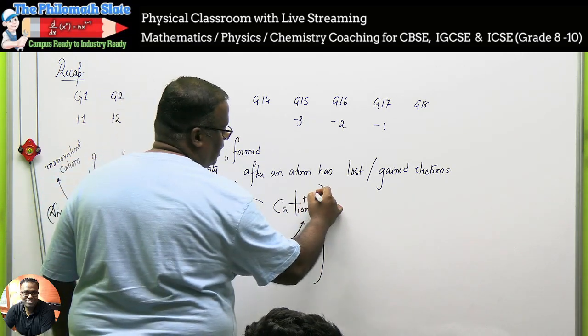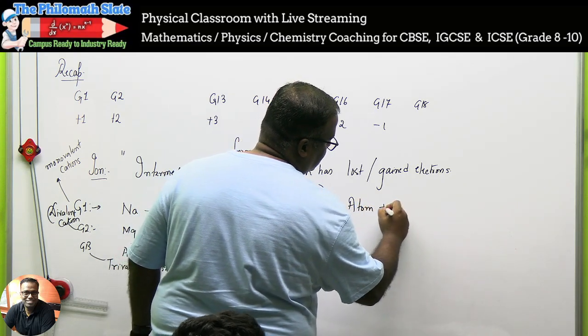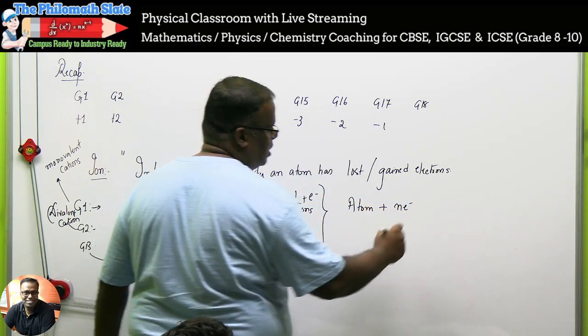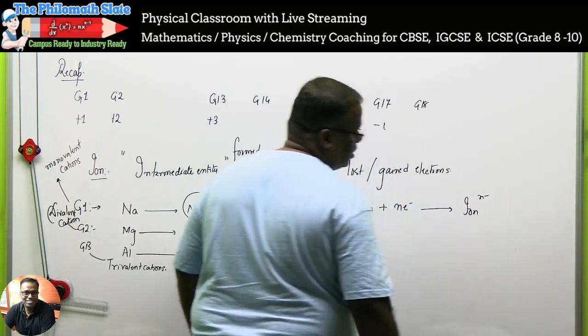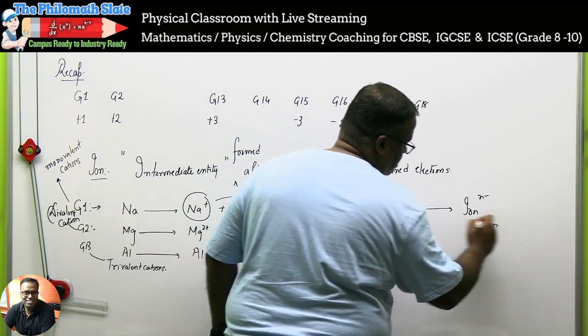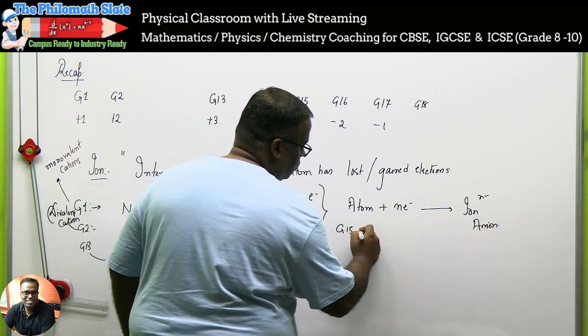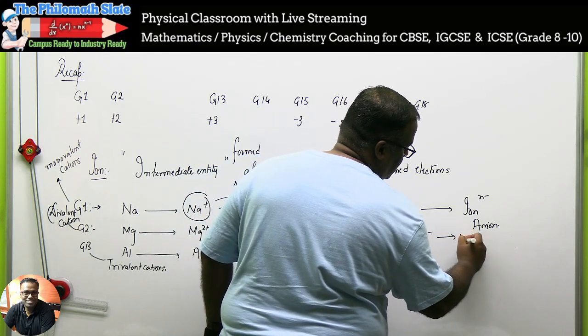In the case of an anion, we will have an atom that gains, say, n number of electrons, and then it becomes an ion with n minus charge. This is known as an anion. Let's look at group 15: nitrogen will eat up 3 electrons and become N3-.